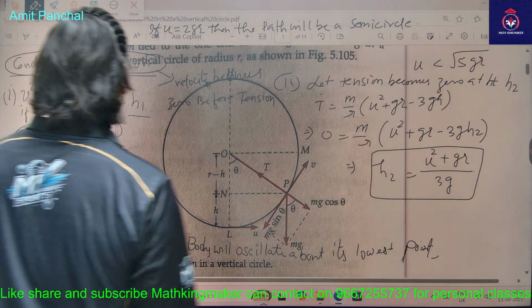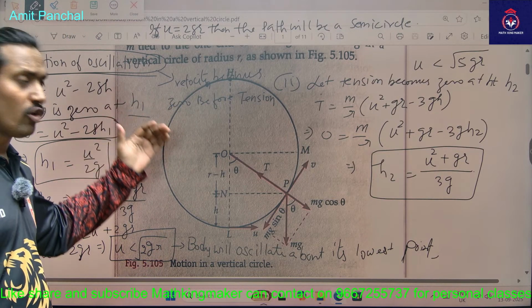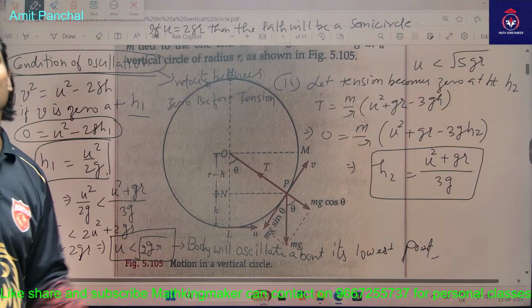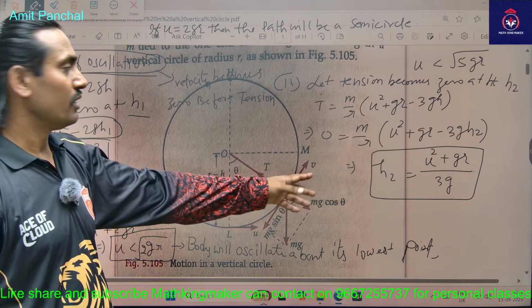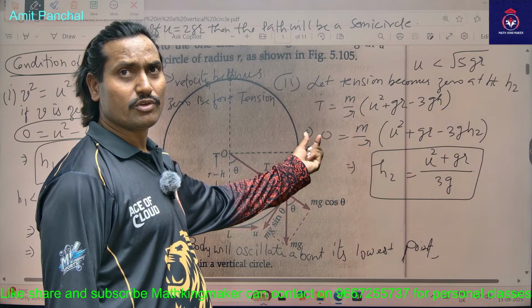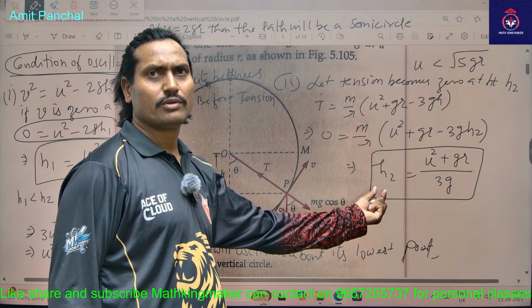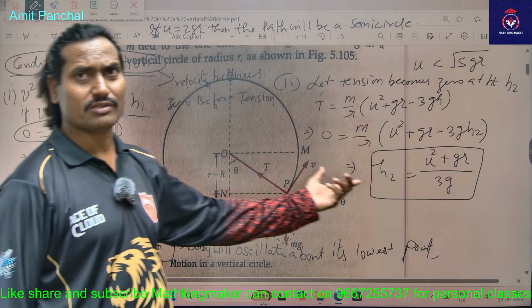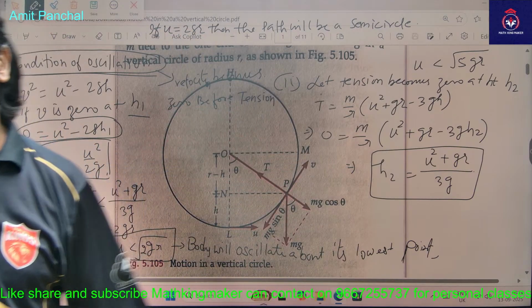If h2 is lesser than h1, that means what? That means tension is becoming 0 before the velocity becomes 0. Tension is becoming 0 at height h2. So if h2 is lesser than h1, tension is becoming 0 before the velocity becomes 0.